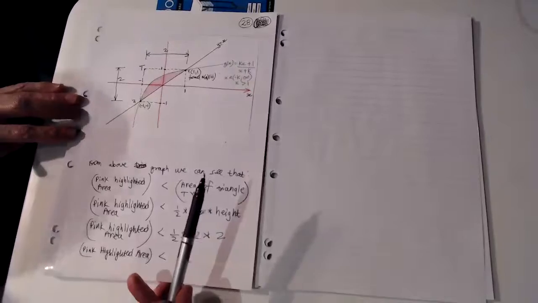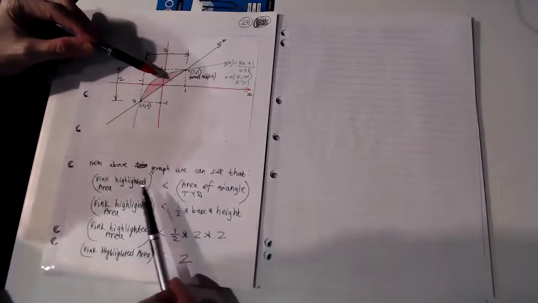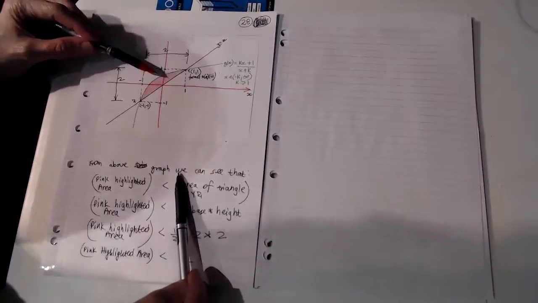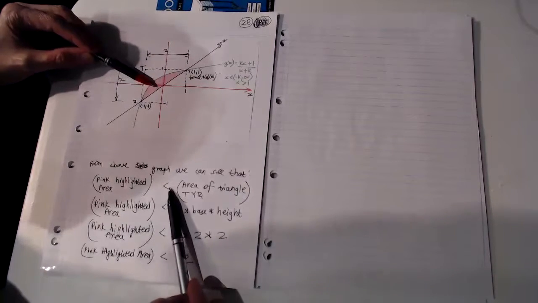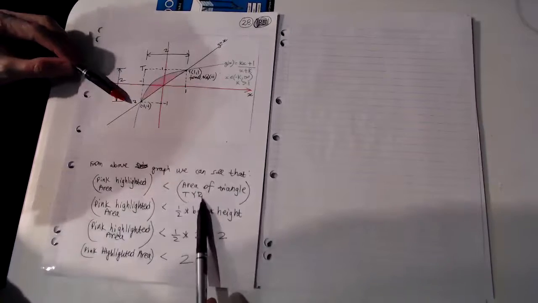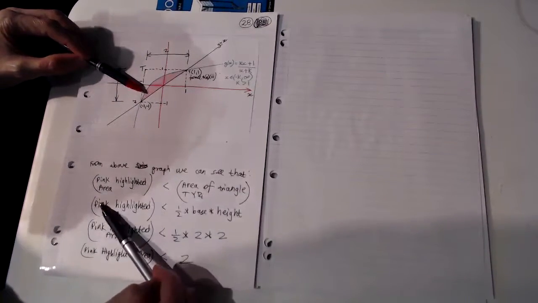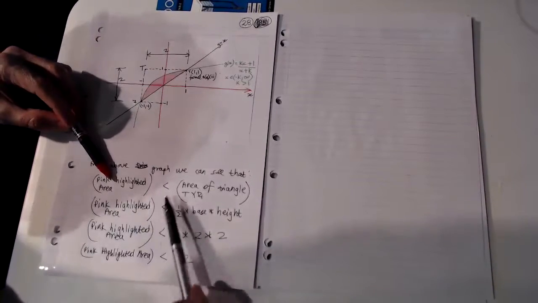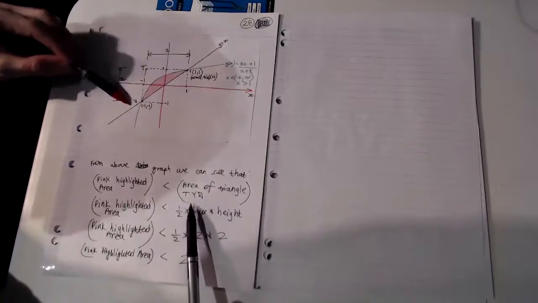From that, we can say the following: from the above graph, we can see that the pink shaded area will always be less than the area of the triangle TYZ.